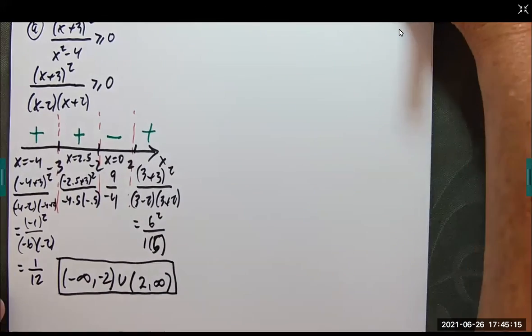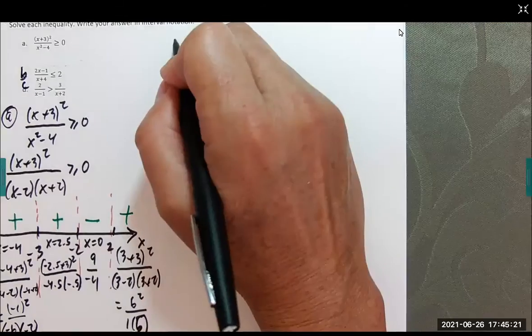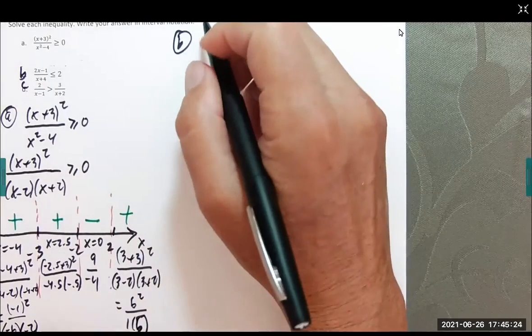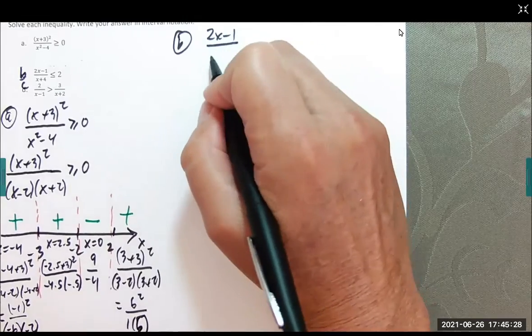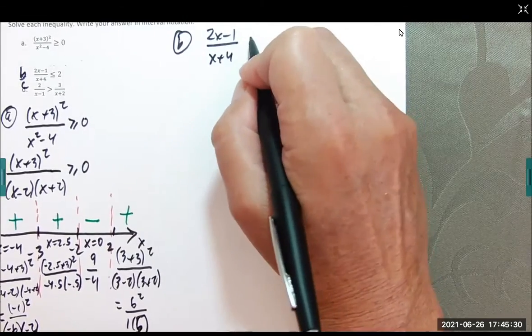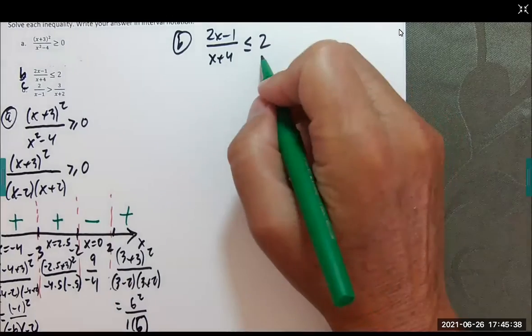Let's do B way up here. This is B and C. So B, 2x minus 1 over x plus 4 less than or equal to 2. So here we have a bit more of a problem. I have to have a 0 over there, so I'm going to subtract a 2 from both sides.